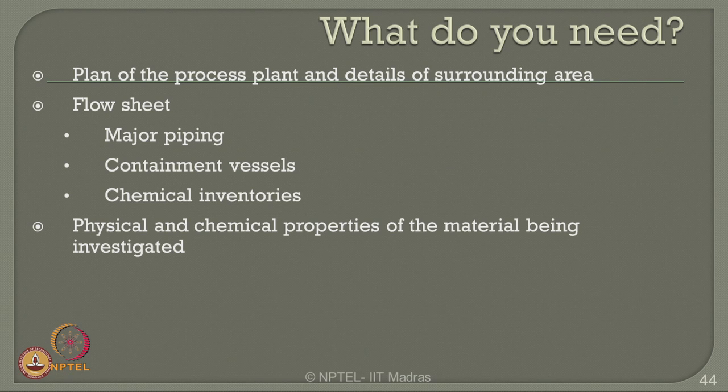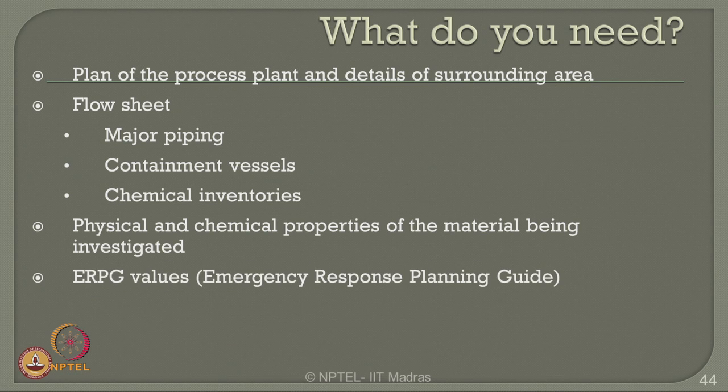You should also know the physical, mechanical and chemical properties of the material being investigated in the given plant. You should also know ERPG values. ERPG stands for Emergency Response Planning Guide, which tells me the ERPG values for different chemicals available in the inventory. Once you know that, you follow the CEI guide, calculate and fill up the CEI form, and try to evaluate the safe hazard distance for a given chemical if it is exposed in the environment.